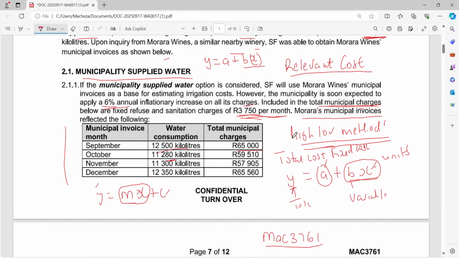I was saying these are some of the things where you should just collect marks. These guys are estimating the municipality supplied water using Morara's municipality invoice. Do you think they are going to use the same kilowatts? No, it's obvious the kilowatts might be different here.